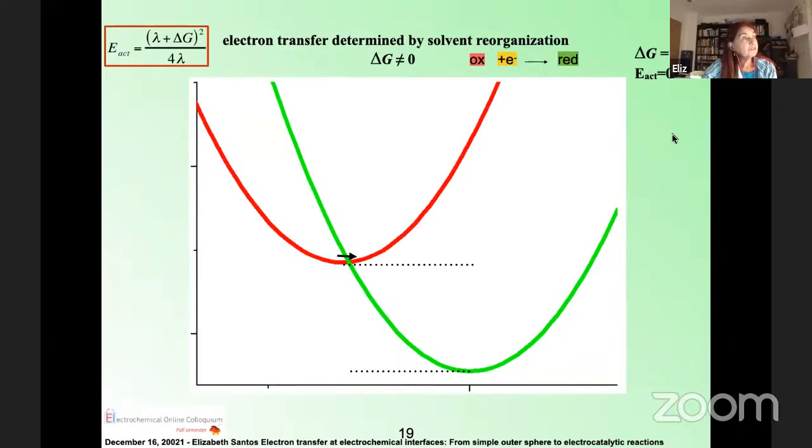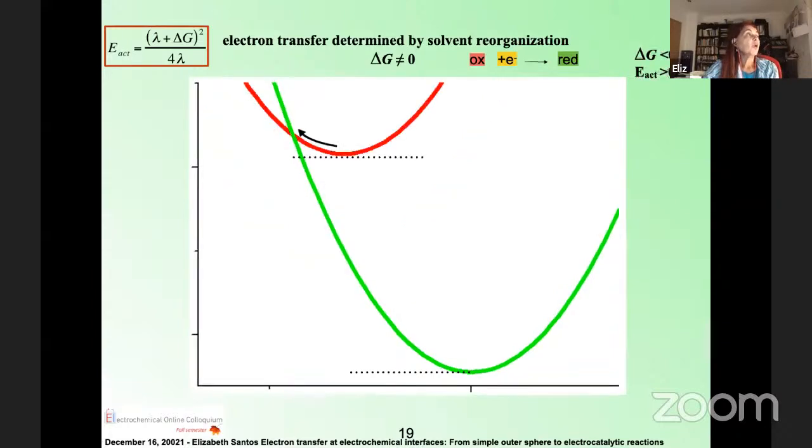But then comes an interesting question. What happens if the free energy increases more and more? We can have this situation, and then we see here again an increase of the activation energy. And this is what is called the inverted region. And this occurs when the delta G is larger than the reorganization energy.